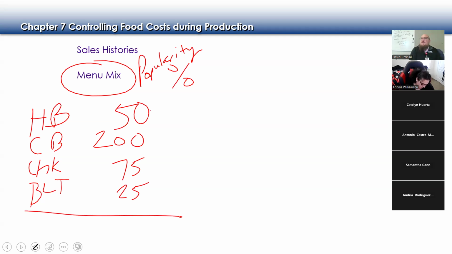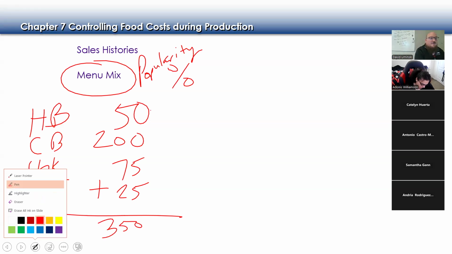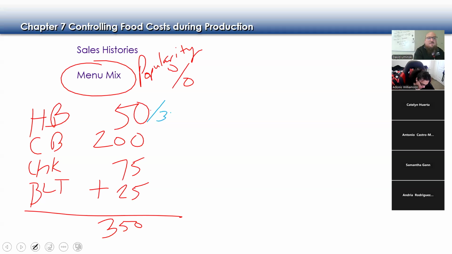So we look for our popularity percentage. We have to add all these up, right? What is our total? 350. Good. So now I'm going to divide each one by 350 to get my popularity percentage.